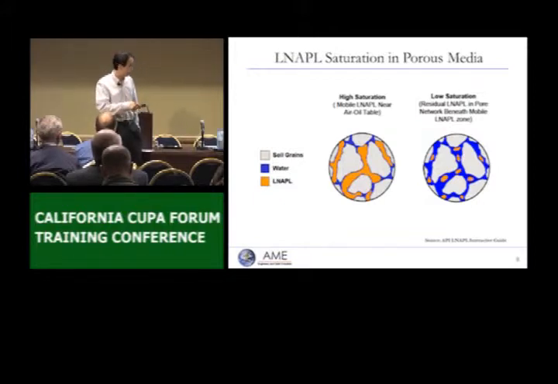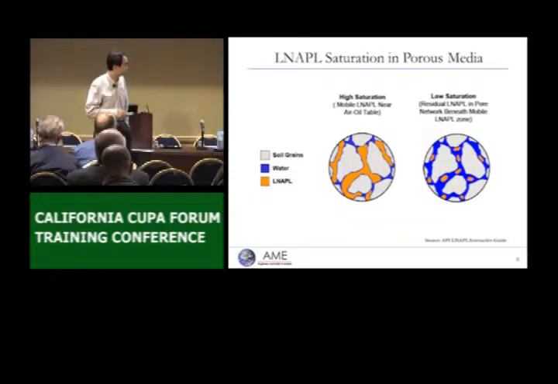Another case is on the right. This occurs, for example, when you flush the soil by pumping or whatever. You flush most of the product out of the pore space, but there's still something left in there. And those are at very low saturation.